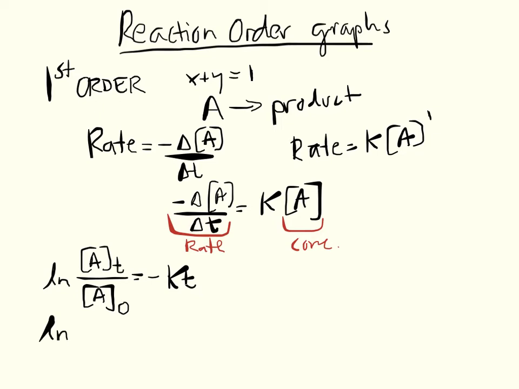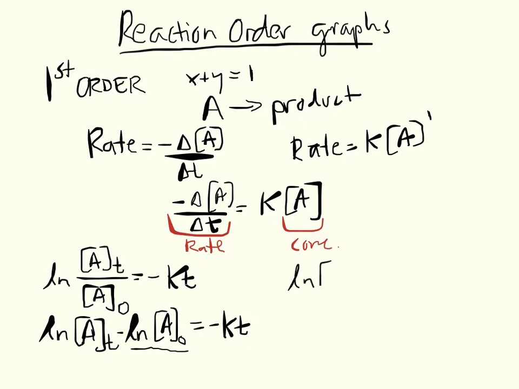So this turns into natural log concentration of A sub t minus natural log of concentration of A sub O equal to negative KT. If we add natural log of A sub O to both sides, we're left with natural log of A sub t is equal to negative KT plus natural log of A sub O.